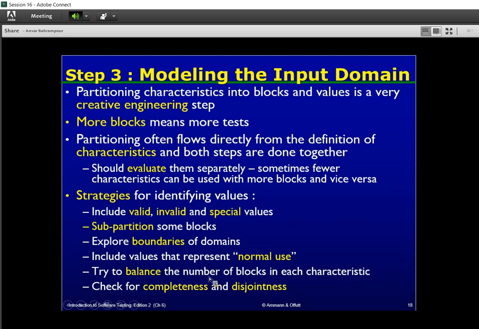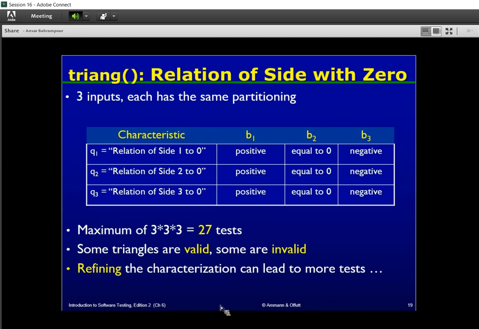Try to balance the number of blocks in each characteristic, as I told you before. Check the completeness and disjointness. These two properties should hold in all modeling of domains.